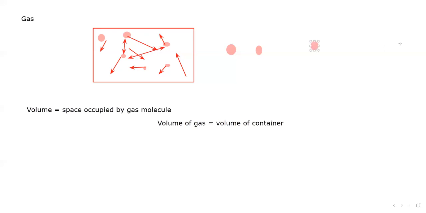The size of the molecule remains the same. The only thing that changes is the spacing, or the intermolecular distance between the two molecules or particles. So if the volume decreases, the intermolecular space will decrease. And when we say the volume increases, it means the intermolecular space, or the distance between the gas molecules, increases.